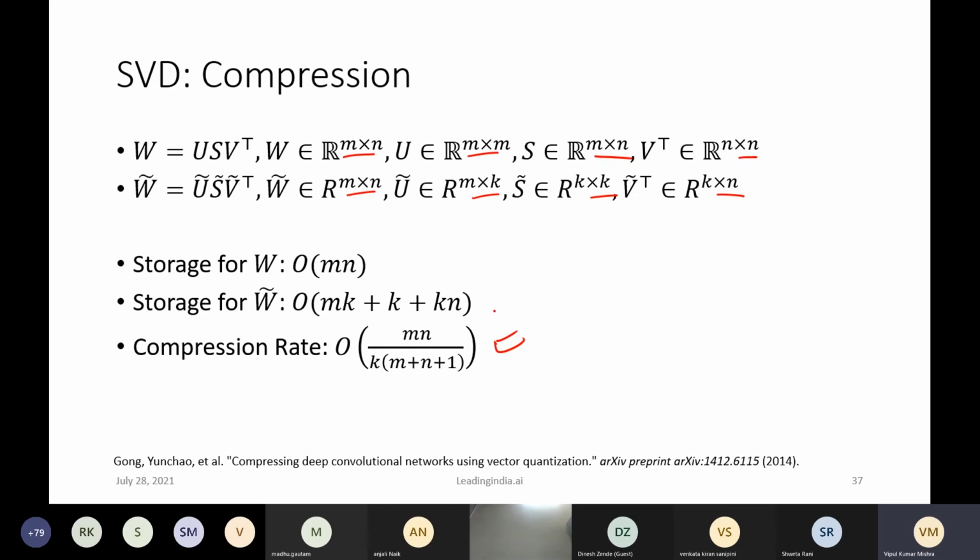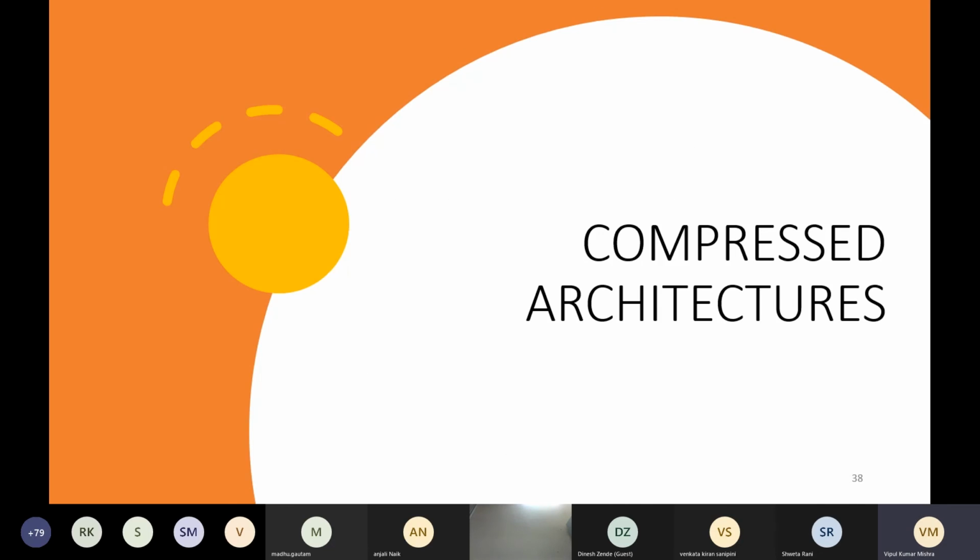So once you reduce, you have a much lesser storage requirement. This particular method is mainly focused on reducing the fully connected network, and is useful whenever you have lesser resource availability. That is the beauty behind this SVD.